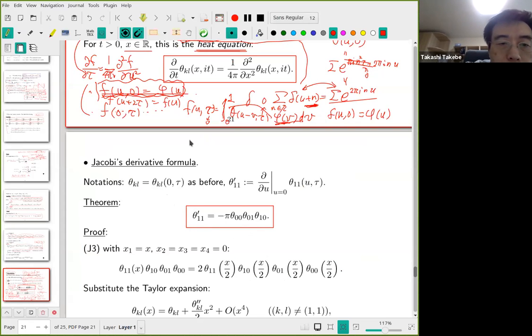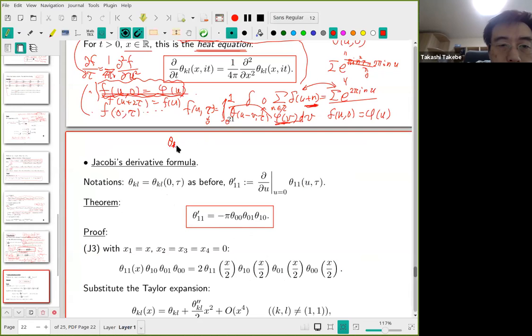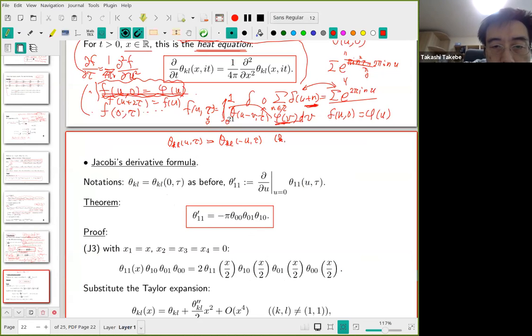So recall that theta function is even as a function of u when the characteristics is not 1, 1. And this function is odd. 1, 1, eta.